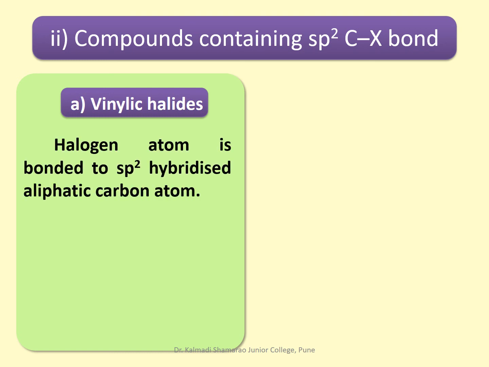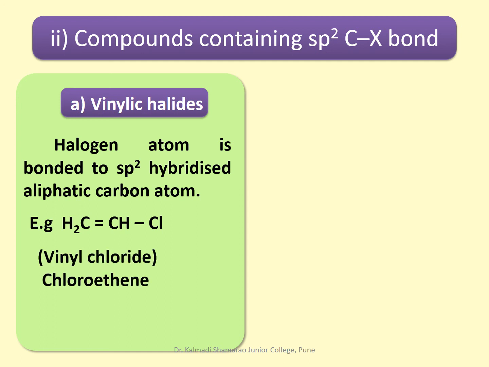In vinylic halides, halogen atom is bonded to sp2 hybridized aliphatic carbon atom. For example, in this compound, chlorine is attached to a doubly bonded carbon atom, that is sp2 hybridized carbon atom. Common name of this compound is vinyl chloride.